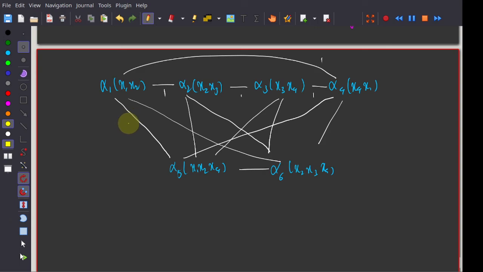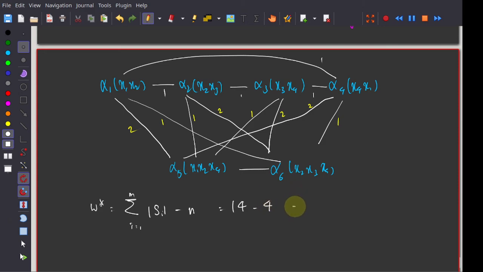What are the edge weights? What is W star? 14 minus 2 plus 3, 4.